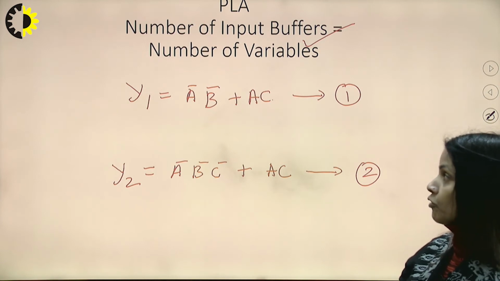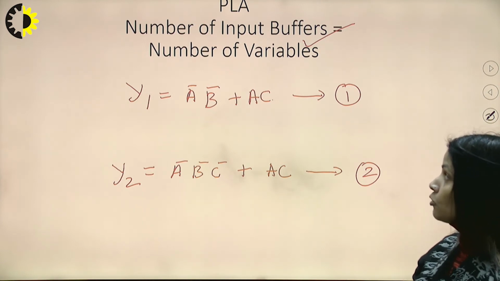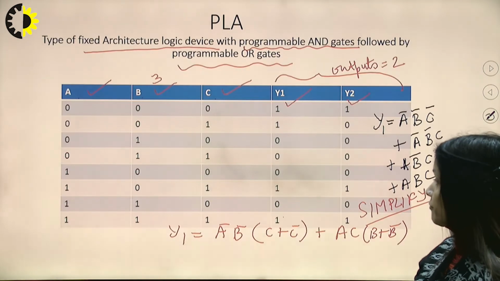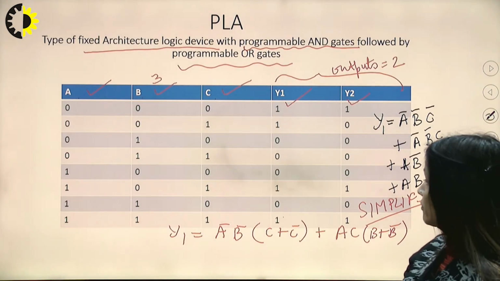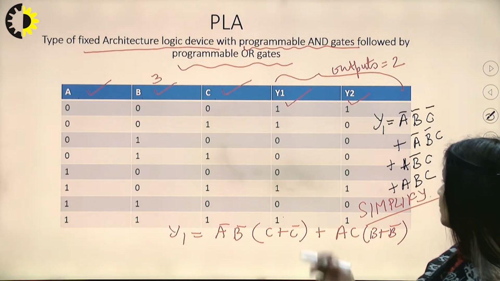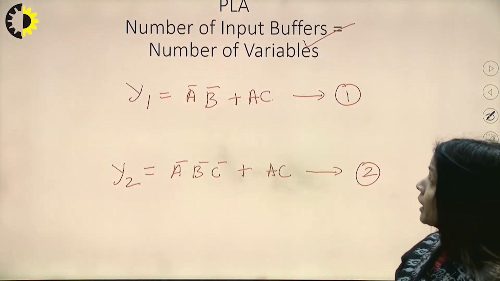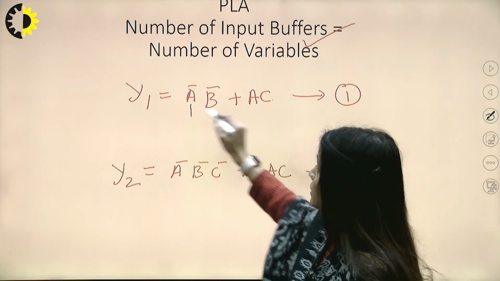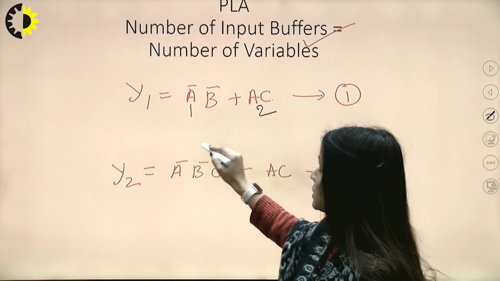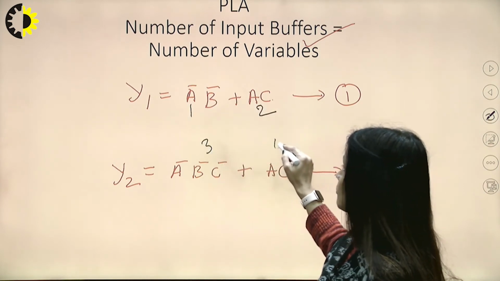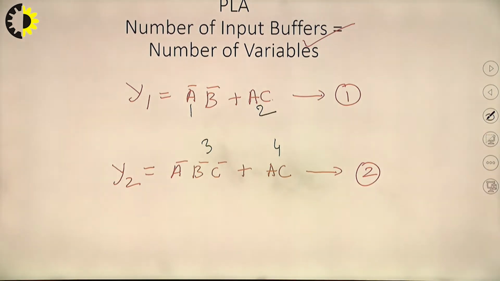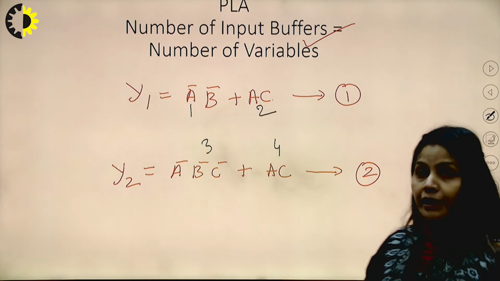We have got 4 minterms, because we have solved it in this way. We have 4 minterms, 1, 2, 2 in this, 3 and 4. Okay. So 4 minterms we are having for Y1 and Y2.